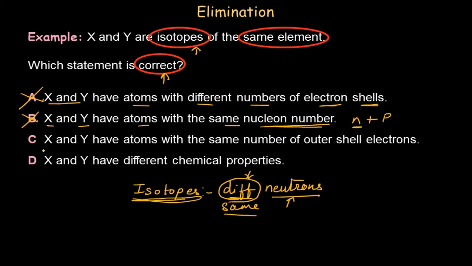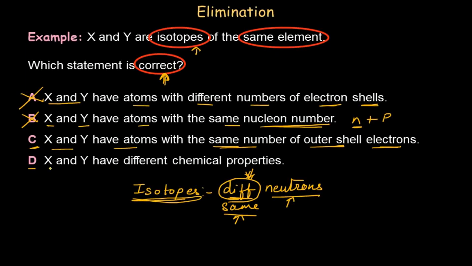The third option, C, says X and Y have atoms with the same number of outer shell electrons. According to our definition, other than neutrons, everything else should be the same. So the outer shell electrons should also be the same, and as we are looking for the correct option, this may be correct, but we don't know. So what we suggest is that you read the remaining option also.